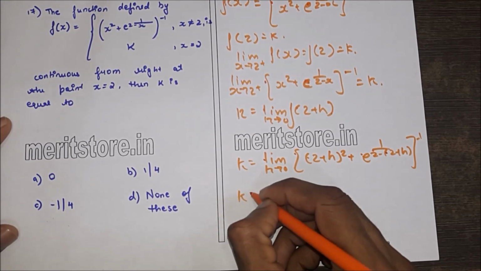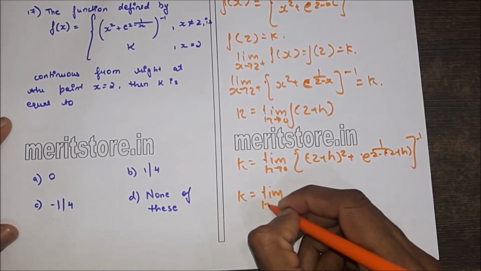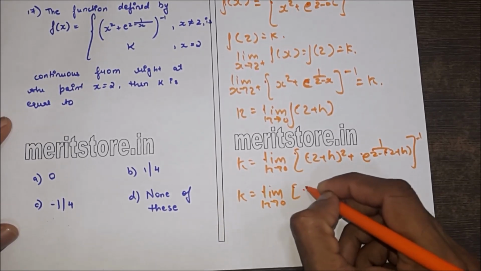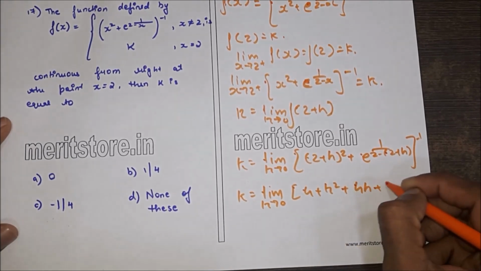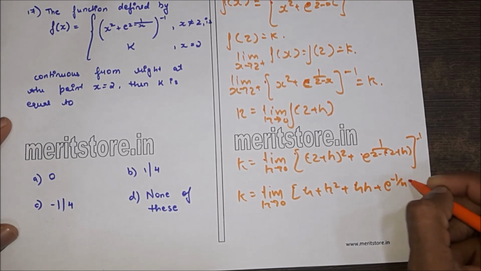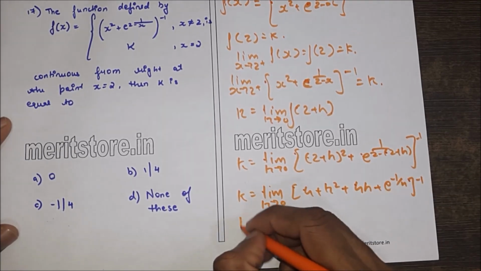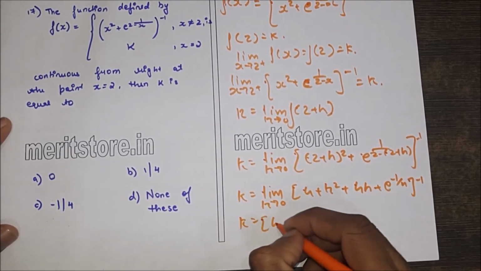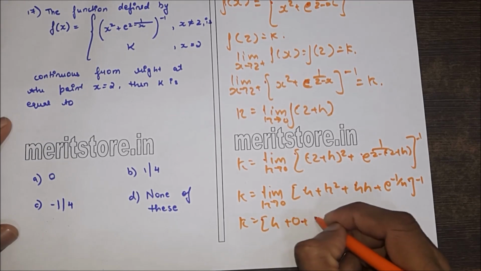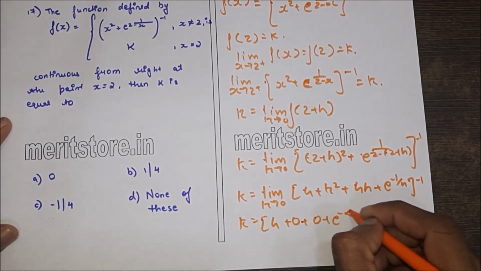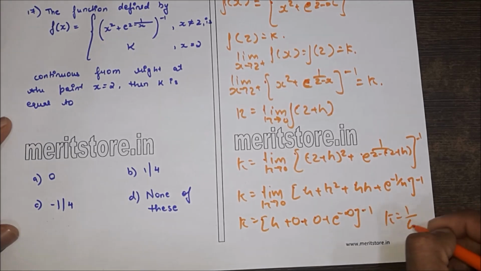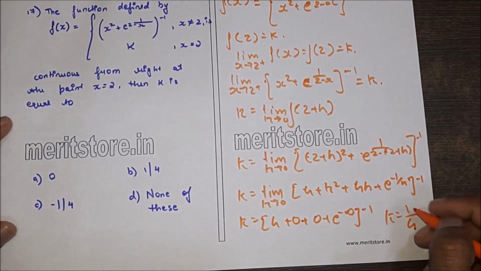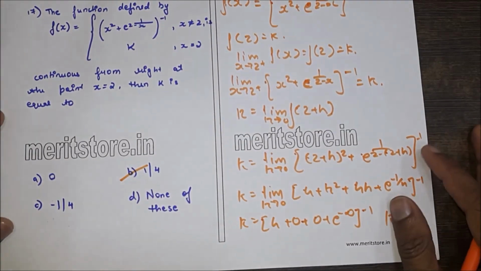We get k equal to limit h approaches 0 of 4 plus h squared plus 4h plus e raised to minus 1 by h, raised to minus 1, where we get k equal to 4 plus 0 plus e raised to minus infinity, raised to minus 1, where we get k equal to 1 by 4. We see our answer matches with B. Therefore B is the correct answer.